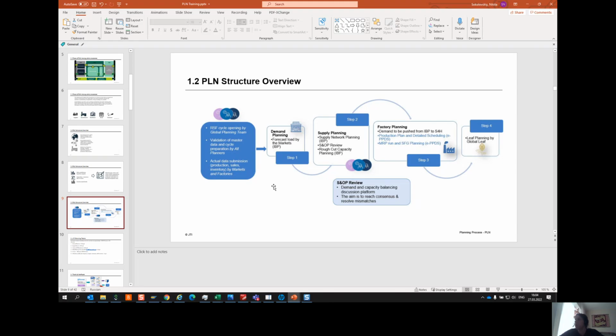Once we are set and ready, we can start with demand planning, which is the first big step in our planning process.